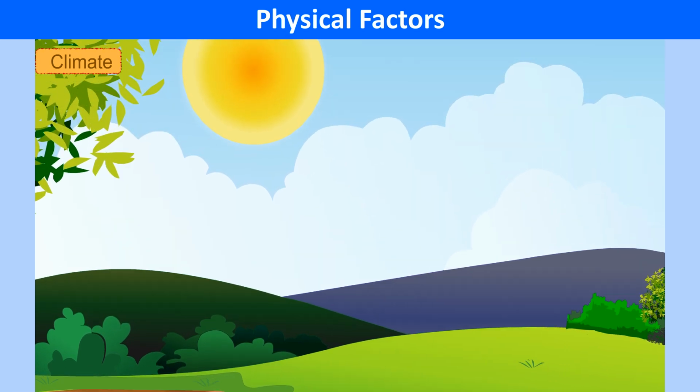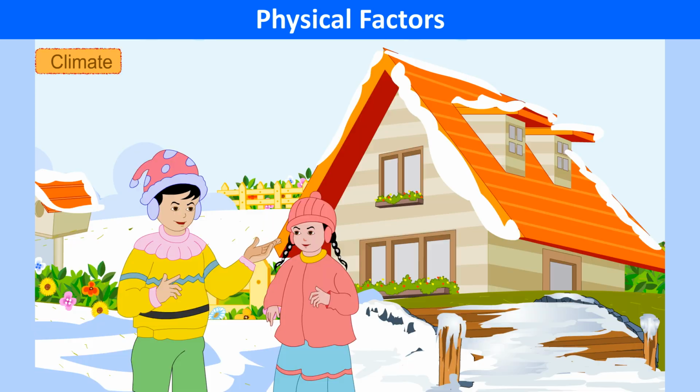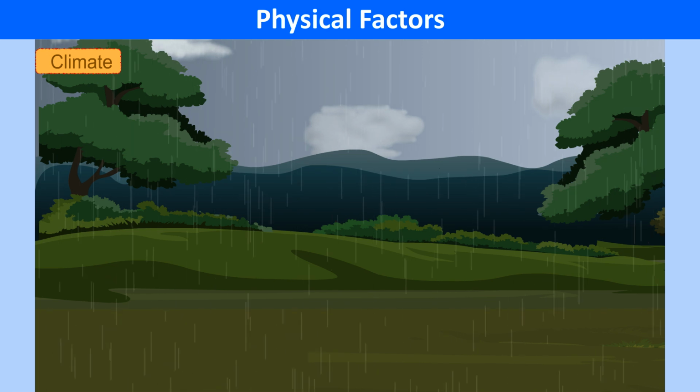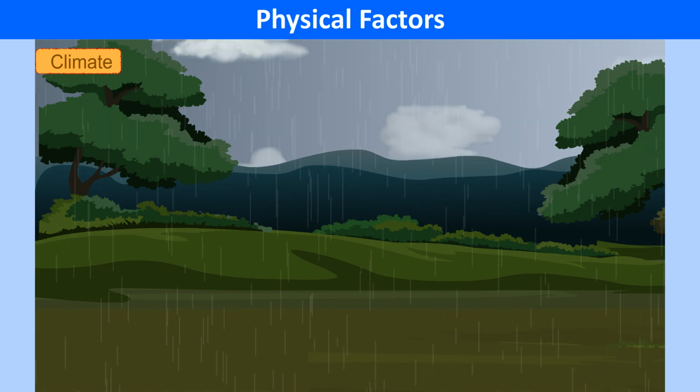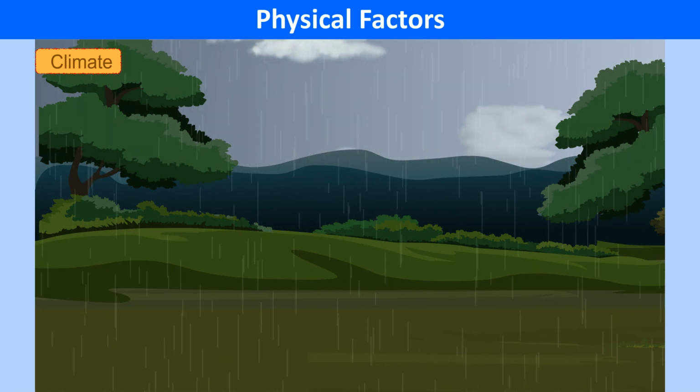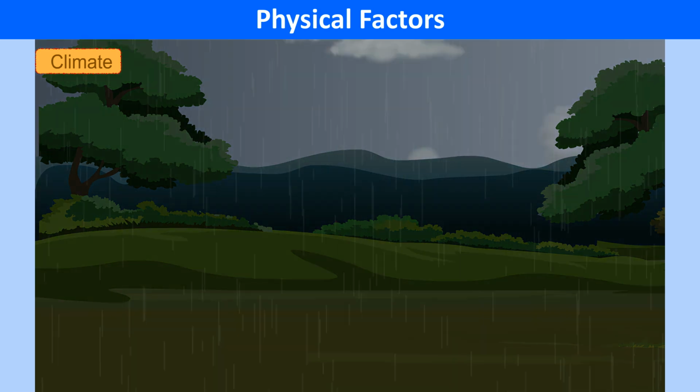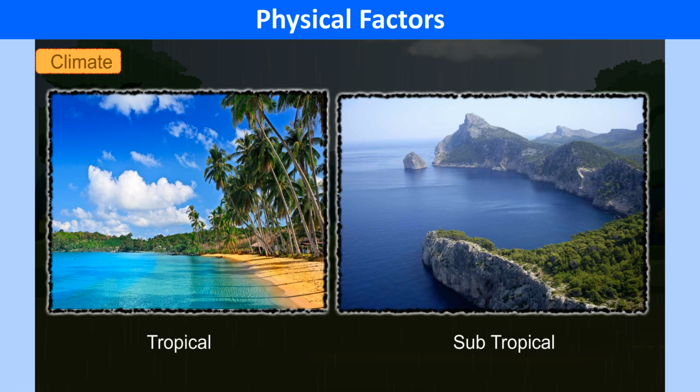Climate. A favorable climate with warm summers and cool winters and an equitable amount of rainfall allows for a wide range of economic activities. Such areas in the tropical, subtropical and even in the warm temperate latitudes favor the growth of population.